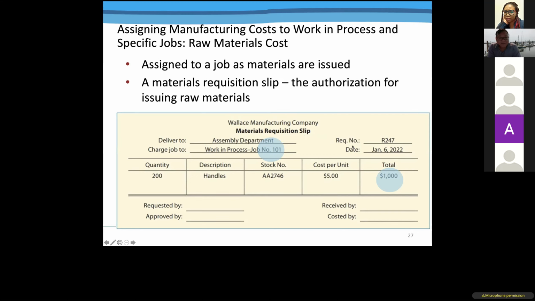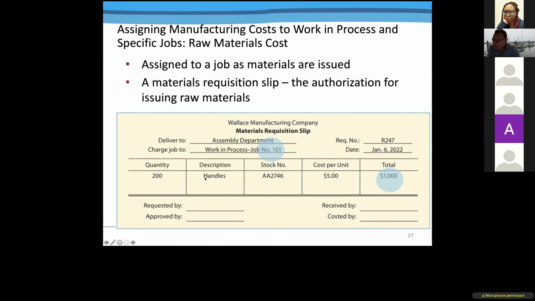In this case, you are saying we need 200, that's the quantity, of these materials. That's handles. And why do I need it? I need it for job number 101. So for that job, I'm going to need 200 handles.